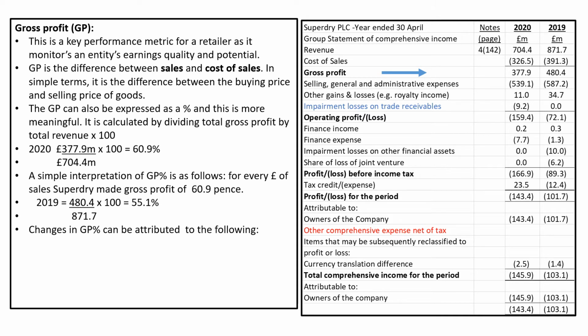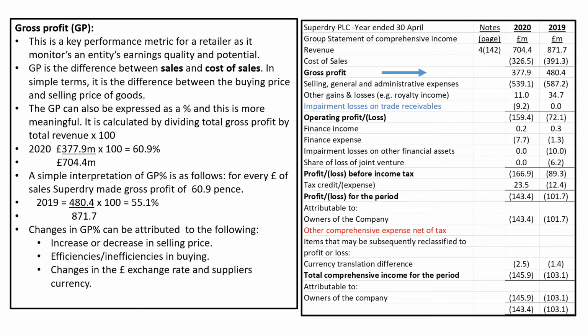Now, changes in gross profit percentage can be attributed to the following: increase or decrease in selling price, efficiencies or inefficiencies in buying, and finally changes in the exchange rate and supplier's currency.